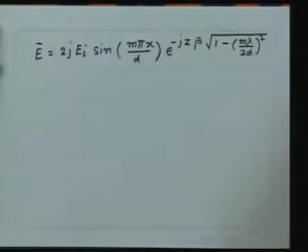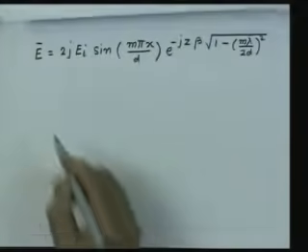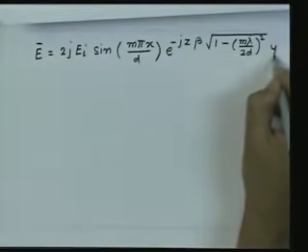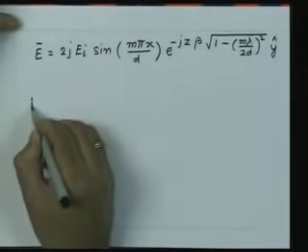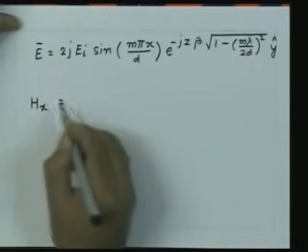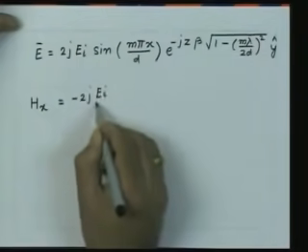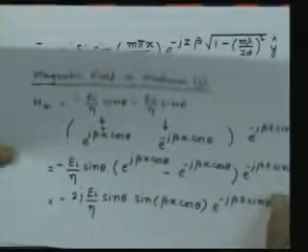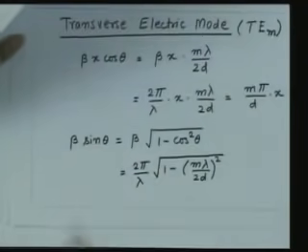Similarly, I can write down the expression for the magnetic field which we had got last time. So, this field is essentially oriented in y direction, and I can get the magnetic field which will be having component Hx, which is minus 2j E_i upon eta sine of theta, which you get from here, this quantity.